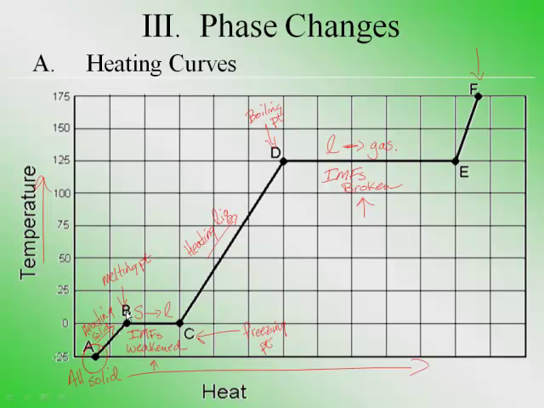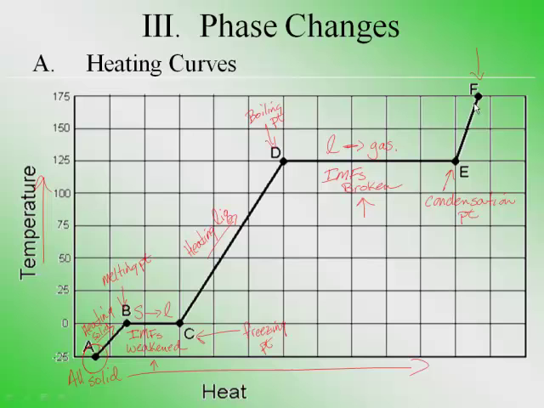FYI, that could very easily be an SAT-2 question, a test question, an AP question down the road, something like that. They like to do questions like that about their graphs. So D to E is longer because it takes more energy to break forces than it does to weaken. Once I hit point E, like point C would be for the reverse process, this would be my condensation point.